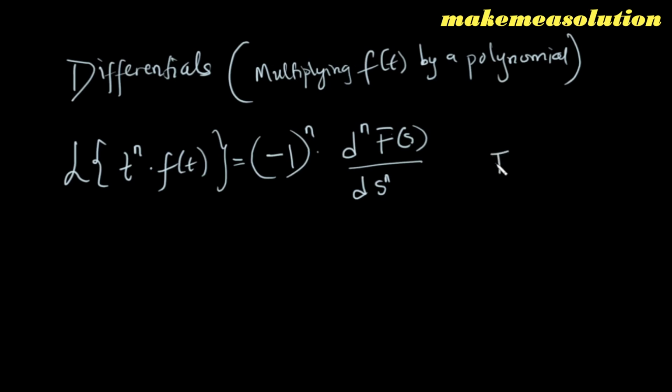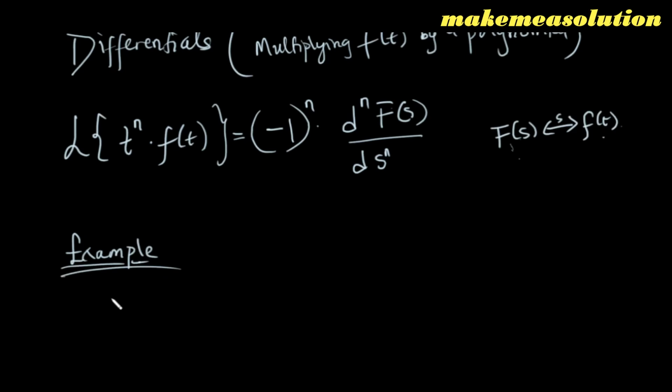As usual, f of s forms a Laplace transform pair with f of t, which means that the Laplace transform of f of t is f of s, and the inverse Laplace transform of f of s is small letter f of t. Now let me show you an example of how to apply this particular differential theory.